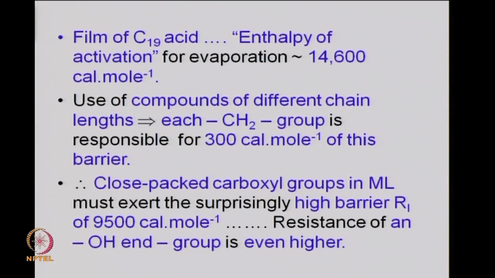A simple calculation here will indicate that of this total enthalpy of activation of 14,600 calories per mole, a very high value contribution of 9,500 calories per mole will come from the carboxylic groups in the monolayer. You just have to subtract 300 times the number of CH2 groups and you get from here about 9,500 calories per mole from the COOH groups. If you think of long chain alcohols, it will reveal even greater resistance from the OH groups.